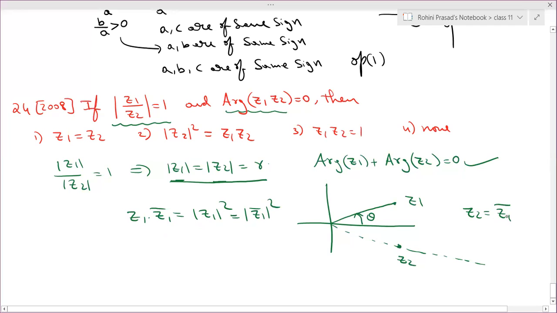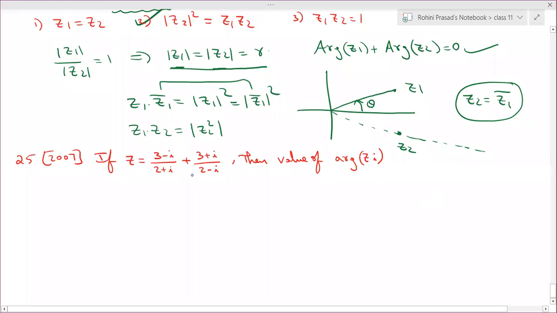Now we got that Z1 bar is equal to Z2. We substitute that in it. Z1 Z2 equal to, and we consider only these two, mod Z2 square. The same property you can write in 10 different ways, but the way in which it is present in the options is this. That's why we manipulated and wrote it in this form. Otherwise, any other form is also possible. They have given Z equal to this, and they are asking the argument of Zi.